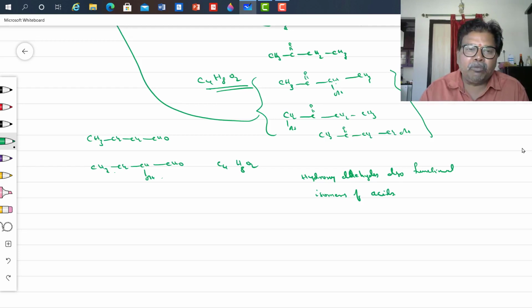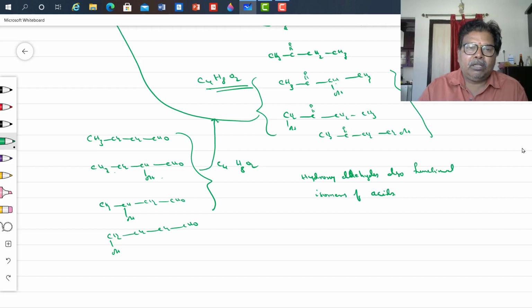So again you can write more than one, right? CH3, CH, where hydrogen is replaced by an OH group, CH2, CHO. Again hydrogen is replaced by an OH group. CH2, CH2, CHO. So all these are again functional isomers of carboxylic acids.